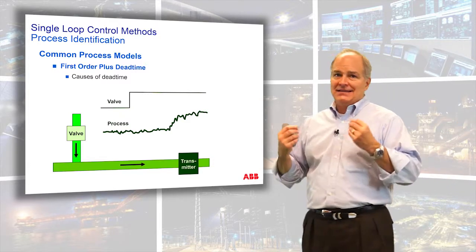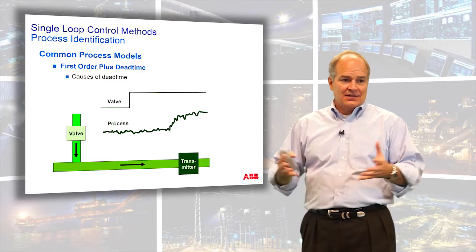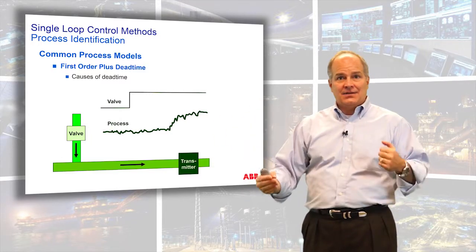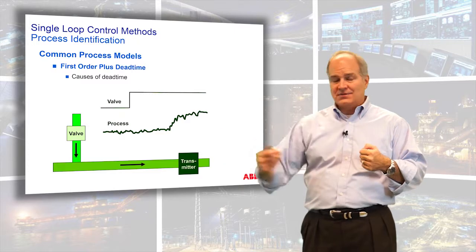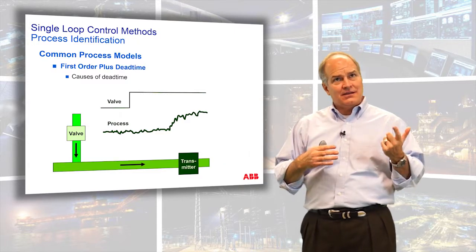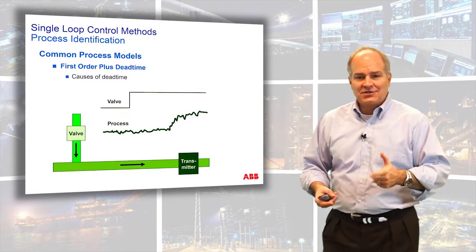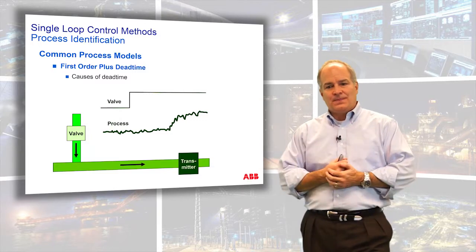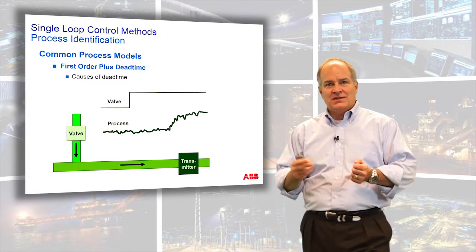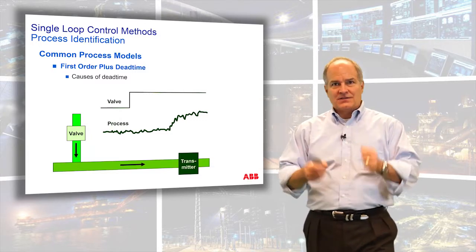Dead time is destabilizing. You made a change and nothing happens. Imagine driving your car and you turn your steering wheel and you have to wait 5 minutes for your wheels to turn. Well, that'd be a challenge.